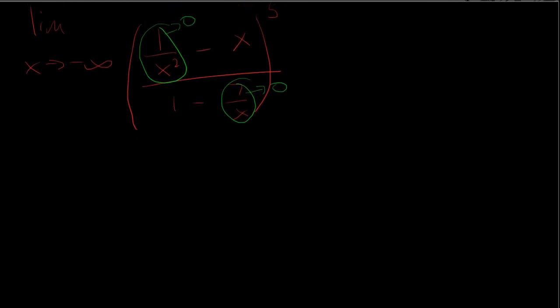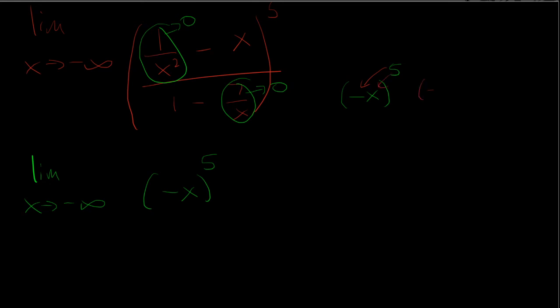So if I rewrite this, I have the limit as x approaches negative infinity of negative x to the 5th power, and we can simplify negative x to the 5th. We can think of it as the 5th power distributing to the negative and the x.